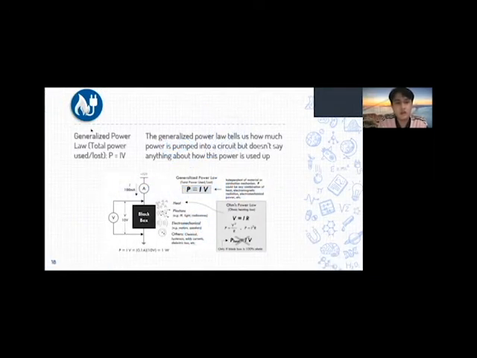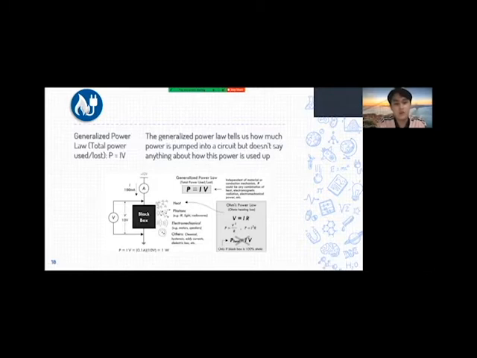As you can see, this is the generalized power law. P equals I multiplied by V, and the generalized power law tells us how much power is pumped into the circuit, but doesn't say anything about how this power is used up. Now we consider the black box. The black box is an unknown circuit containing components like an inductor, transistor, resistor, lamp, or motor, or something like that.